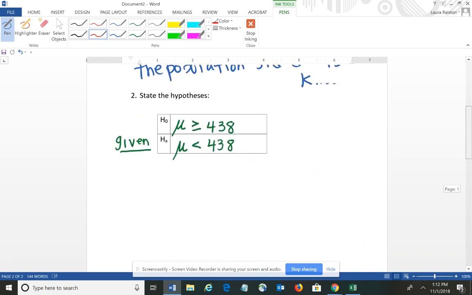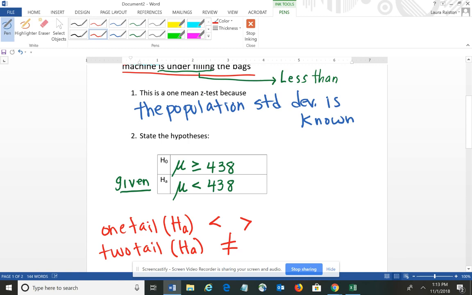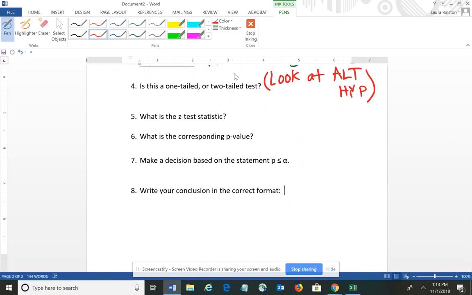So if I go back up here and look at my hypotheses, and I'm going to make a comment over here to the side, it would be a one-tailed test if the alternative hypothesis contains either less than or greater than. It is a two-tailed test if the alternative hypothesis has not equal. So looking at this symbol, I see I have a less than, which tells me that I have a one-tailed test.